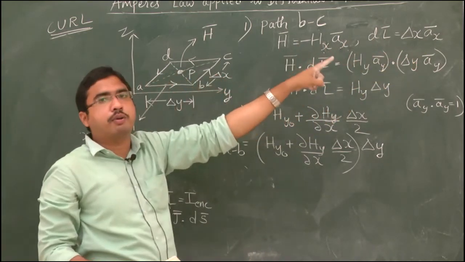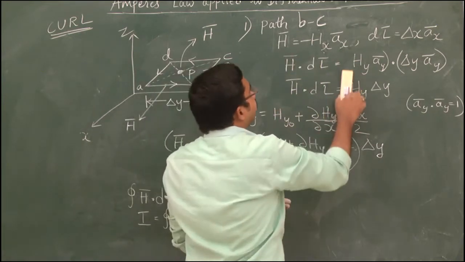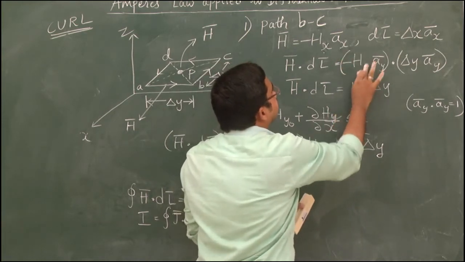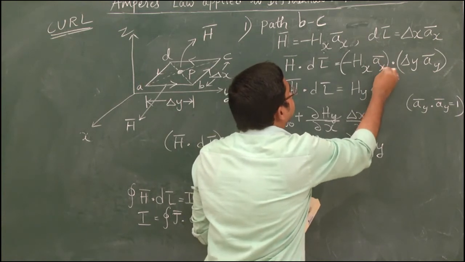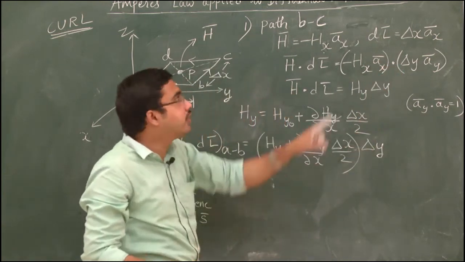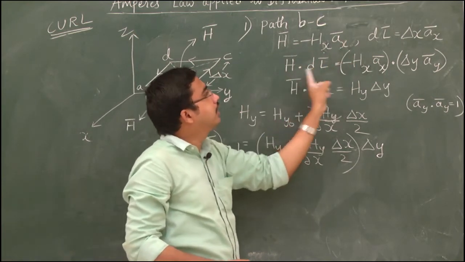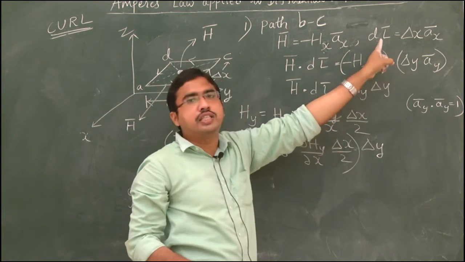Now take the dot product for this: H bar dot dL bar is minus Hx into Ax, because what is the expression for H bar? Minus Hx into Ax. I am substituting H bar as minus Hx into Ax, into what is the differential length?